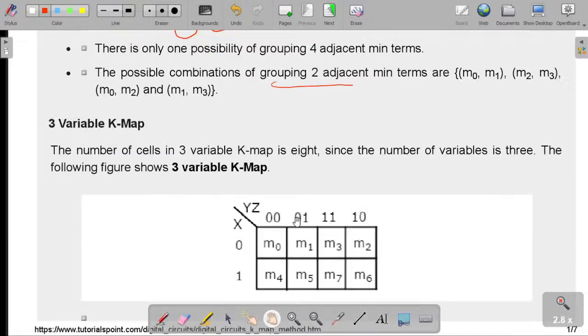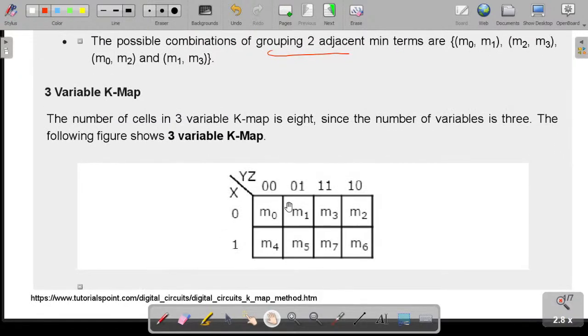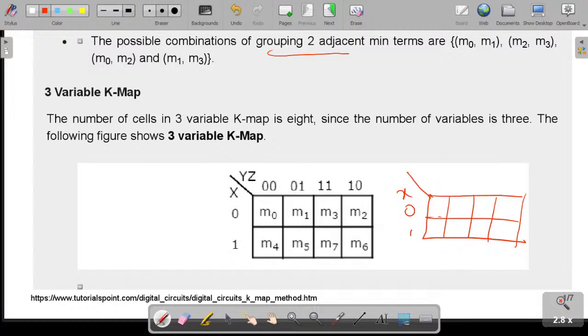So for the 3 variable K-map, this is how we can write it. There will be 2 raised to 3, meaning 8 cells. Here are the x variable and yz. So what are the options? 00, 01, 11 and 10. So in total 8 cells.